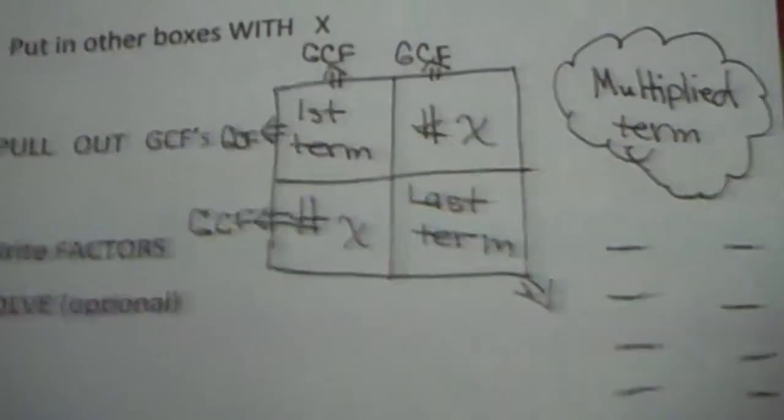Ready? Example 1. We're going to go through our notes with example 1. I'm going to give you a trinomial, which is a quadratic function, and we are going to factor it. So let's write this: factor and solve.